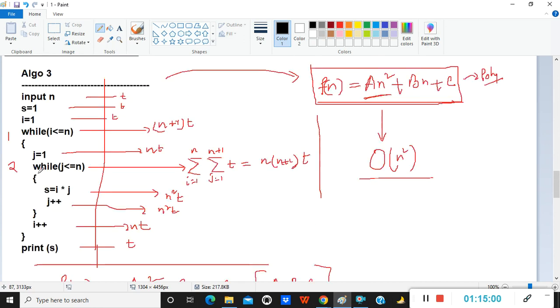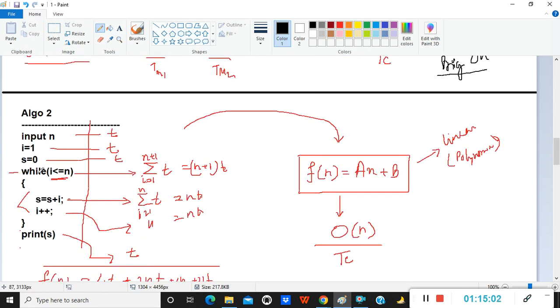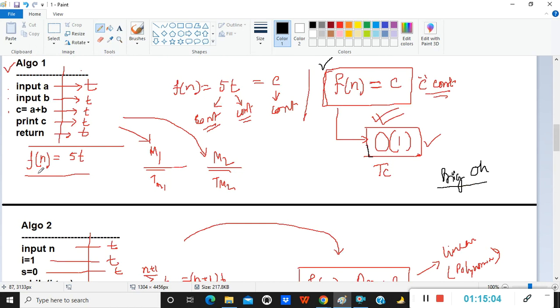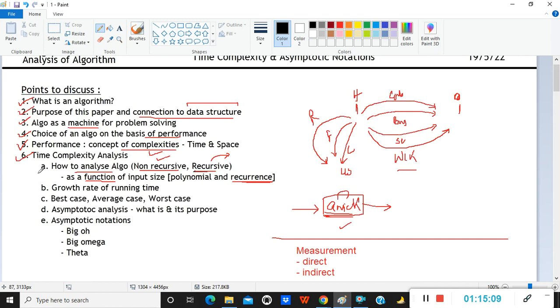So these are all the types of algorithm we have. Now here, we have done this polynomial representation. If your algorithm is a recursive algorithm, then we will use something called recurrence.